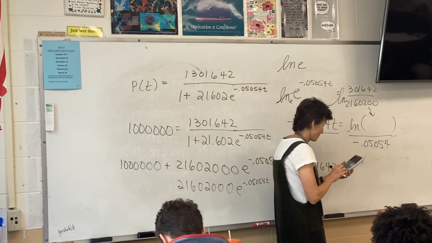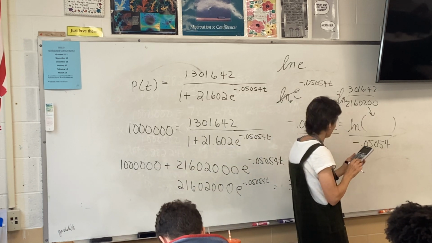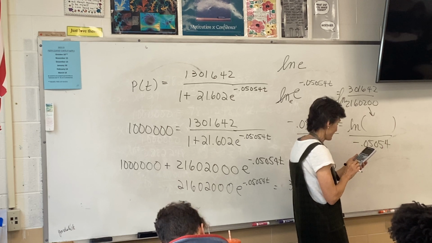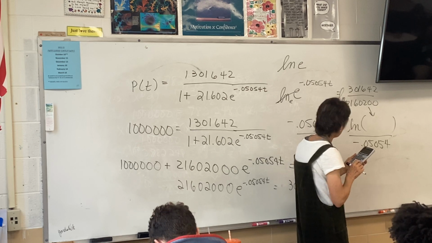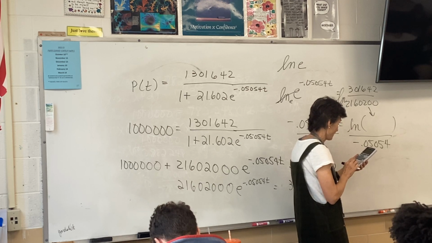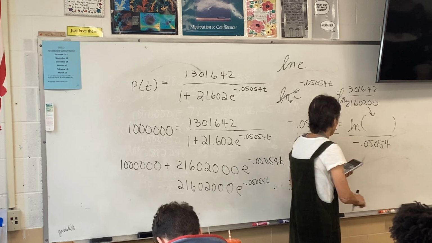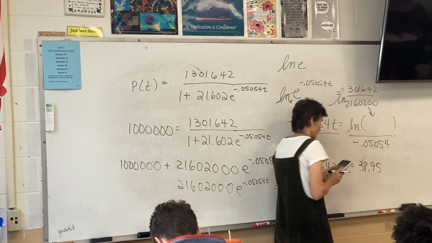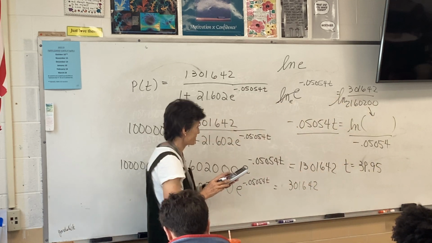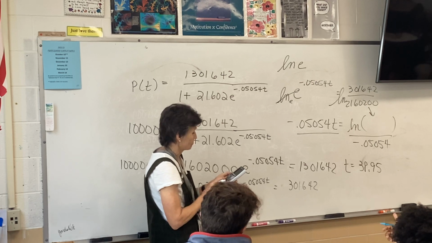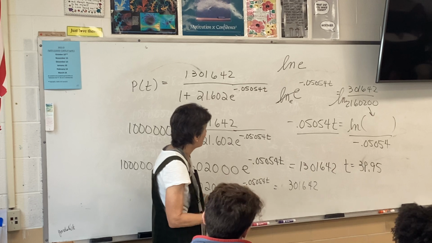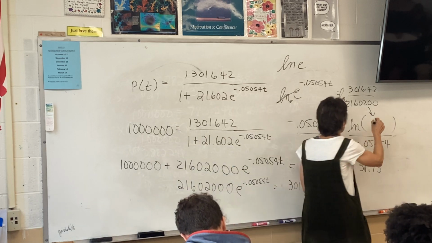All right, so what's happening here? I'm getting ln 301,642 divided by 216 divided by negative 0.05054. Tell me you got 38.95? Am I missing a zero? Yeah, maybe on the 20. Oh, I'm missing a zero, so then that's not moving.